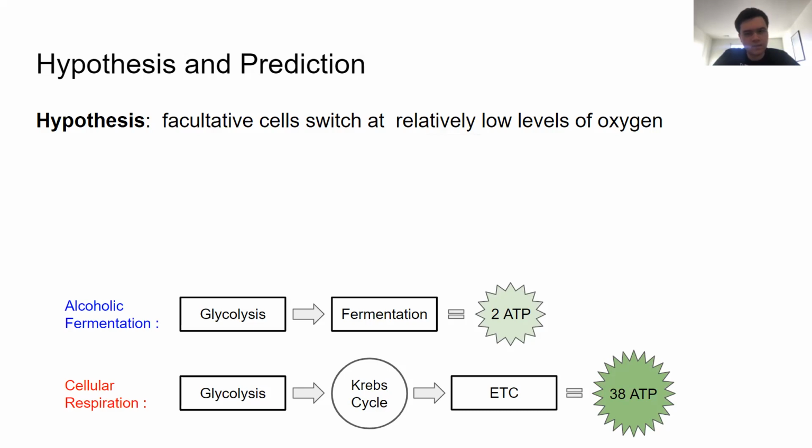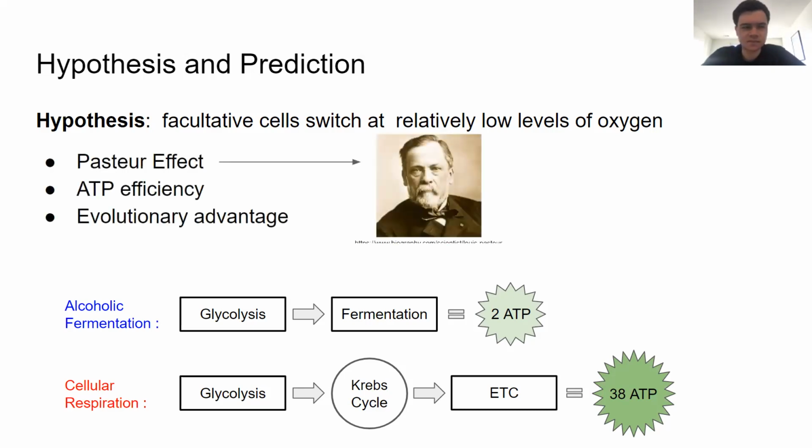Yeast, like human muscle cells, ferment even in an absence of oxygen. Yet as displayed by Louis Pasteur's Pasteur effect, as soon as oxygen is introduced into the system, yeast switch to respiration. Because respiration produces more ATP per molecule of glucose, switching would provide yeast with a more efficient energy source.